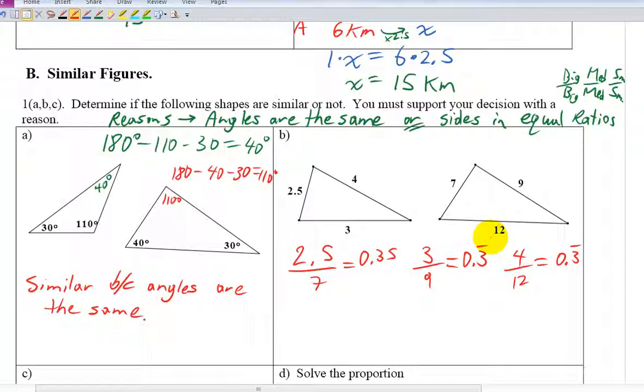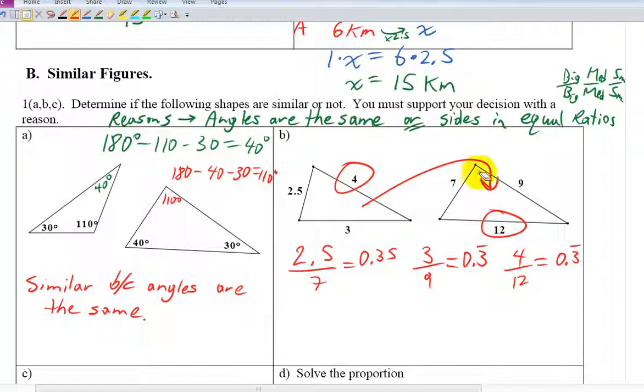So, are these triangles similar? 4 is the largest side, so it must match up with the largest side. But what? You think they overlap perfectly? Why don't you flip it, rotate it, spin it, right? You can't. It's impossible to have sides of different lengths matching up that way. Okay, so you have to do large with large, small with small.